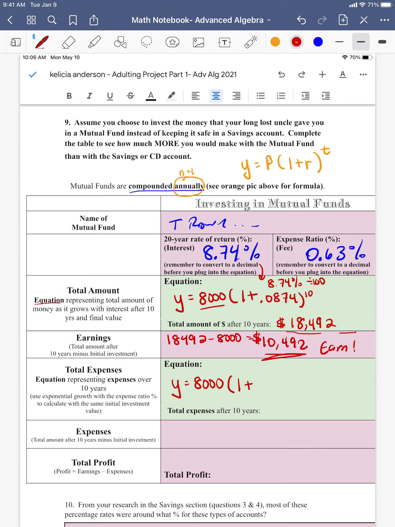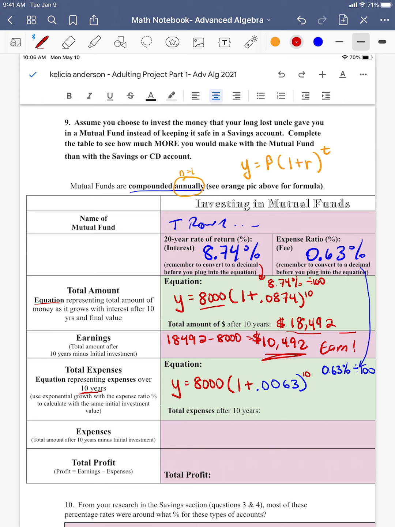Now I'm going to take my rate, and I have to divide it, always a percent, divided by 100. And that's the number that I'm going to put here. Close parenthesis. And then the exponent is always the time. So here again it says 10 years. So I put 10 as my exponent.